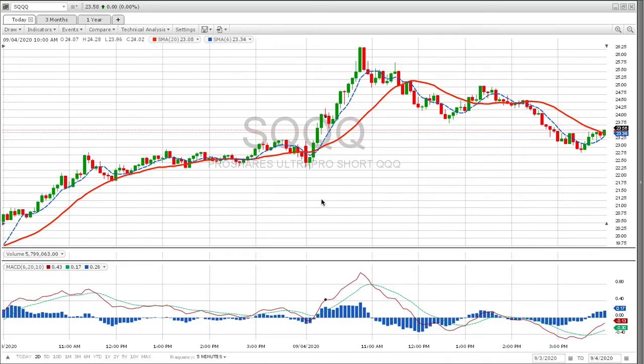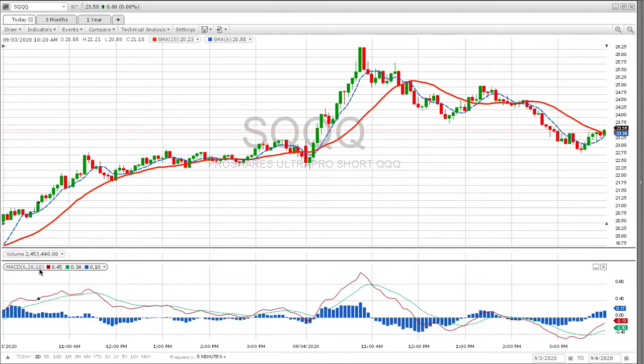Because this is a 5-minute chart, the frequency is 5 minutes, so it's 6 times 5 or 30 minutes, and this blue line moves every 30 minutes. The other line is the 20 period, which in here is green. I always use the red solid line as the 20 simple moving average.